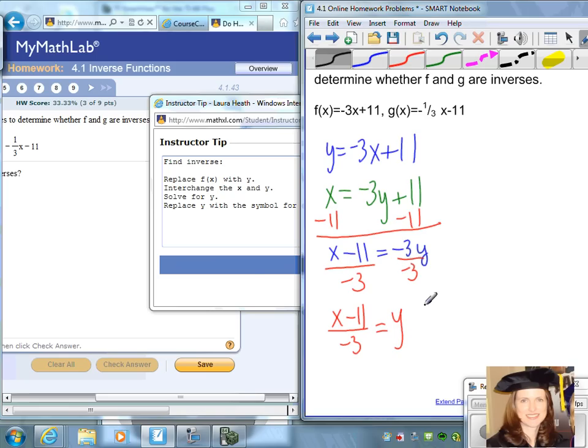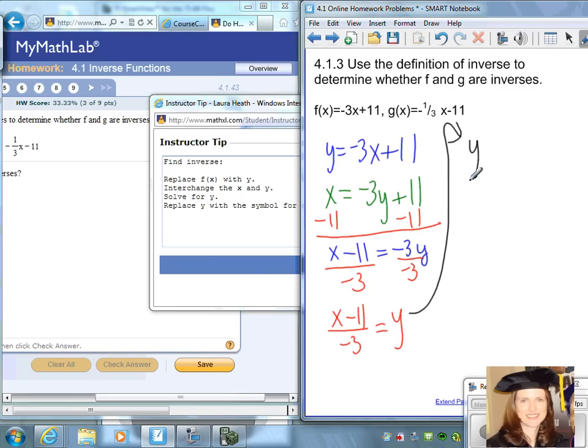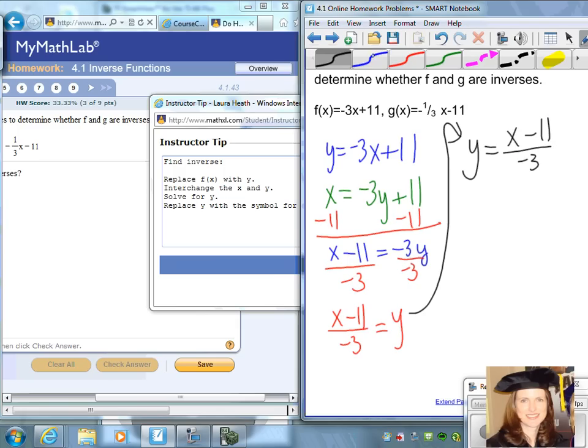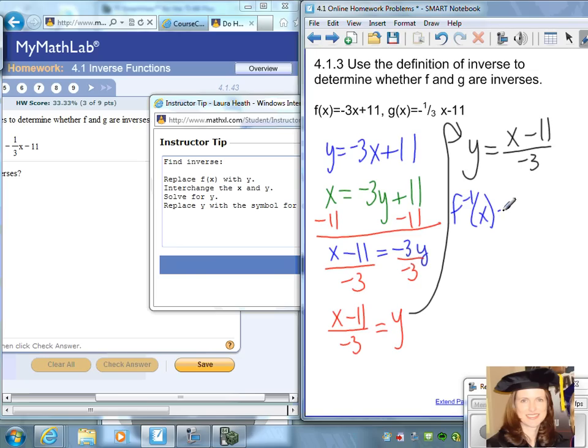So let me write that up here. I get y by itself equals (x minus 11) divided by negative 3. And we're going to replace the y with f inverse of x. That's the notation that is used for inverse function. And we can divide each of these by negative 3. X divided by negative 3 minus 11 divided by negative 3.